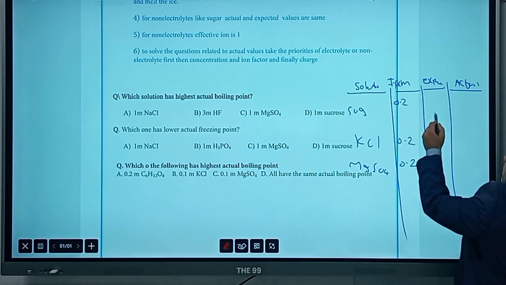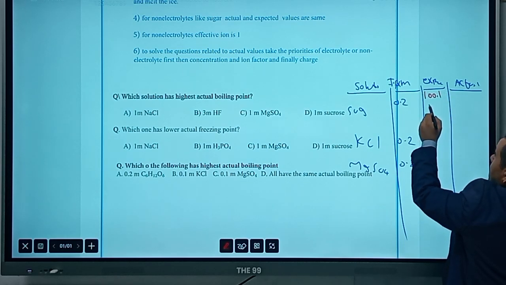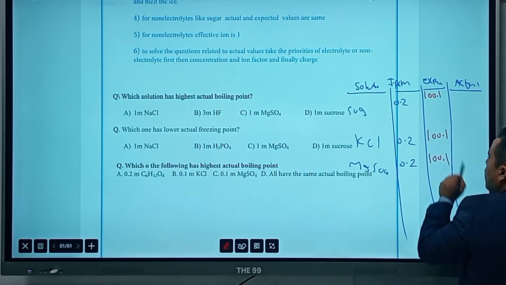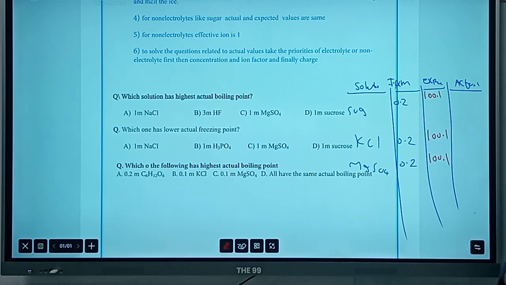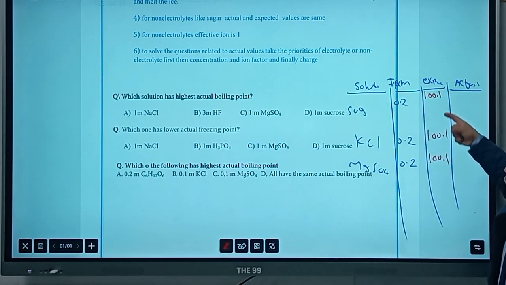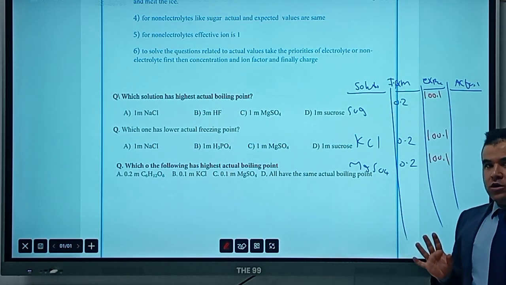And then the summation, you get 100.1 Celsius for all solutions. So the three solutions have the same expected boiling points.